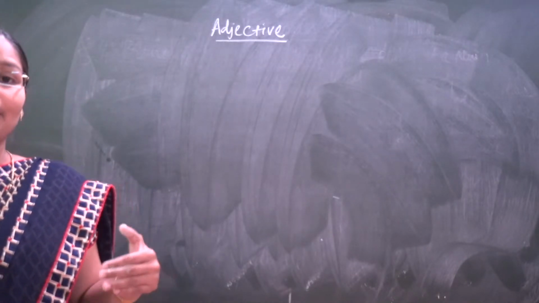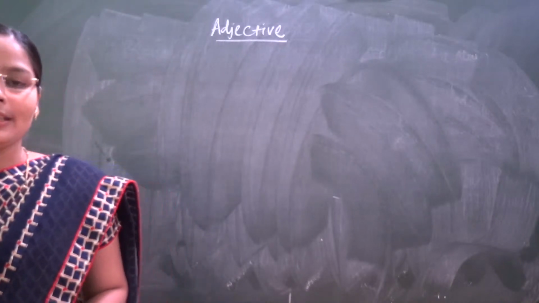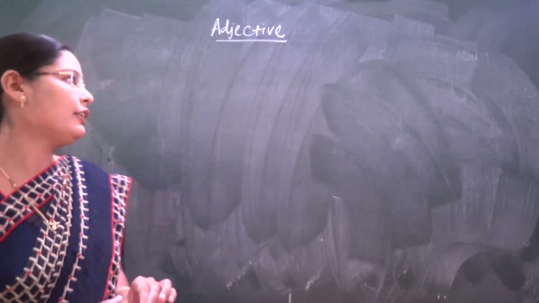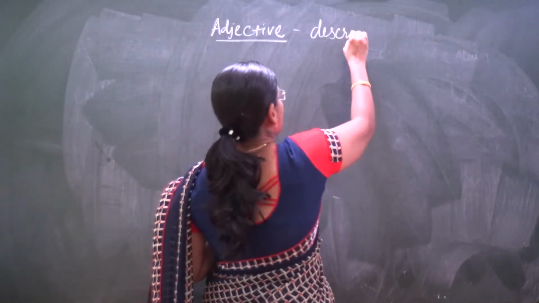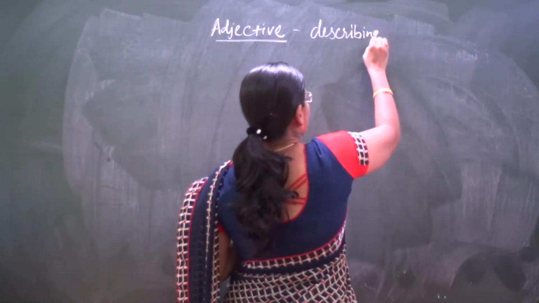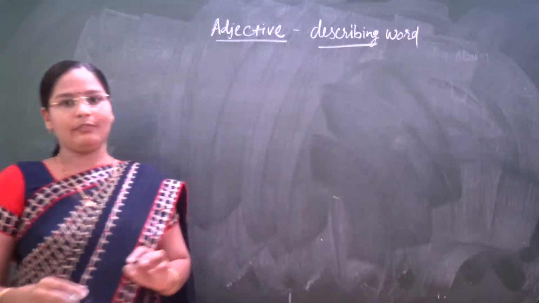So we are going into a bit more detail in this part of speech. What is an adjective? An adjective is a describing word. Why am I calling it a describing word?